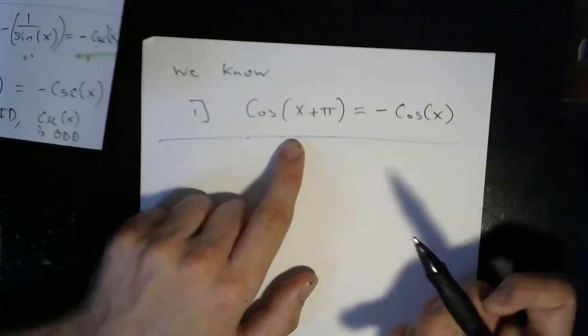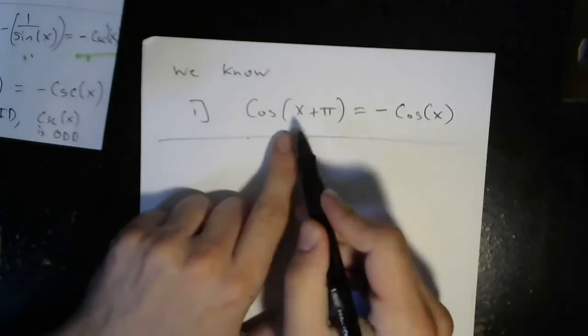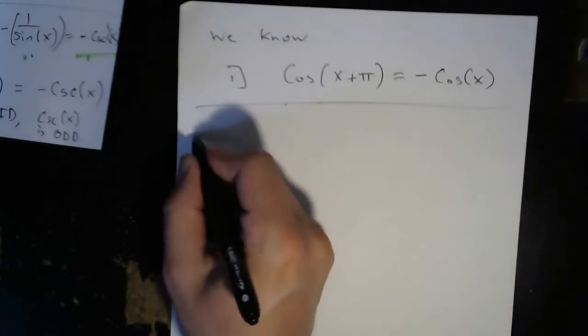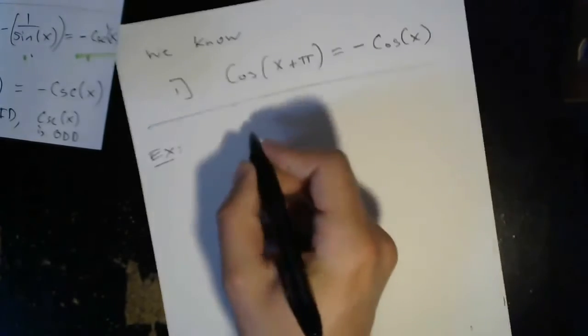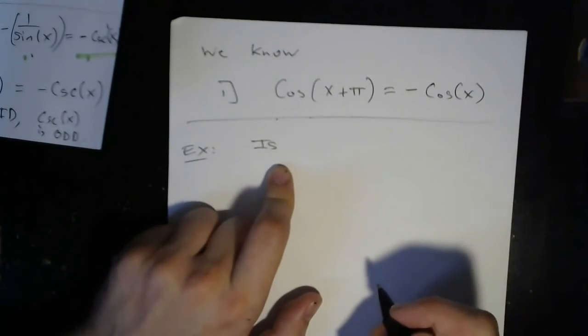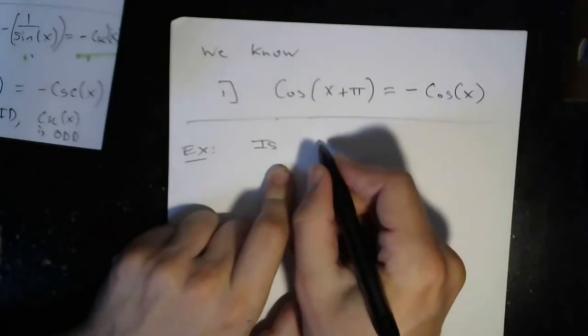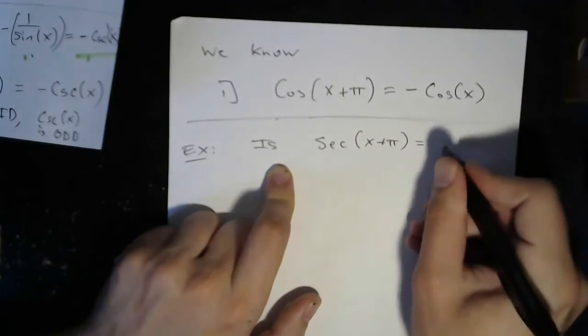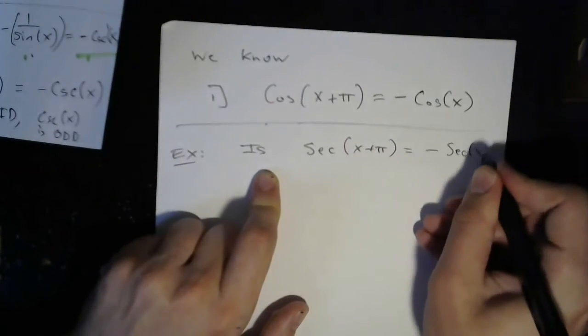This is an identity. So this is always true, no matter what x is. So here's an example then. Is secant of x plus pi equal to negative secant of x?